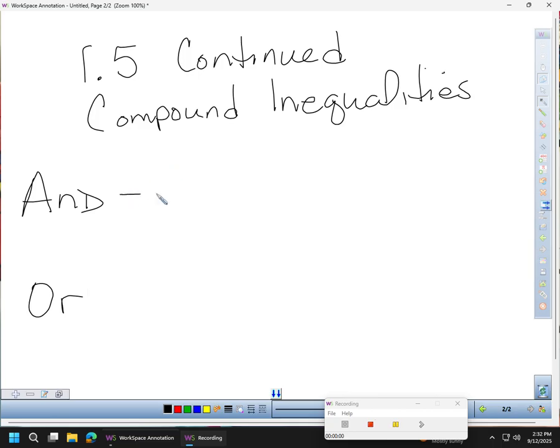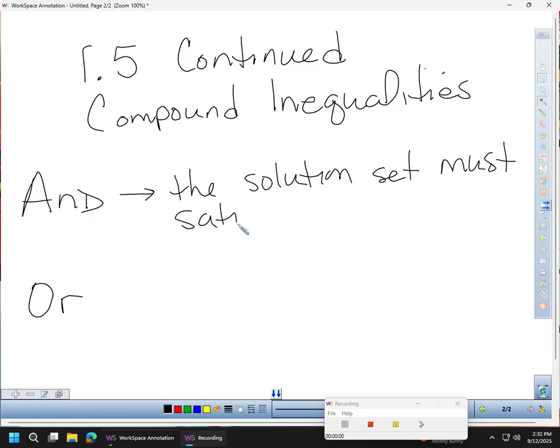An and inequality means that the solution set must satisfy both inequalities.